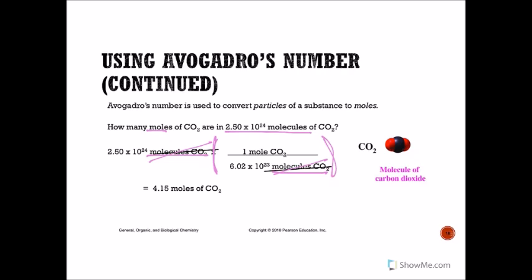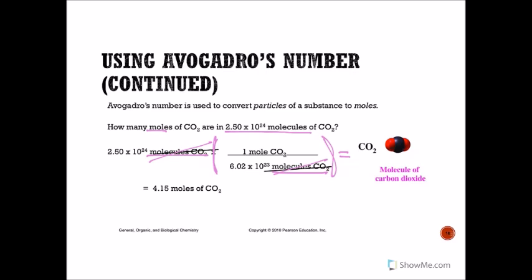So to figure out this answer on our calculators, we would have to go 2.50 times 10 to the 24 divided by 6.02 times 10 to the 23. Or sometimes it's helpful to write an equals sign, multiply everything on the top. You'd have 2.50 times 10 to the 24 on top, because you'd go that number times 1 and divide it by everything multiplied on the bottom, and then divide those two numbers.